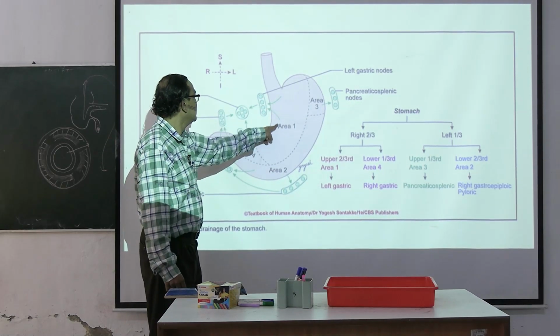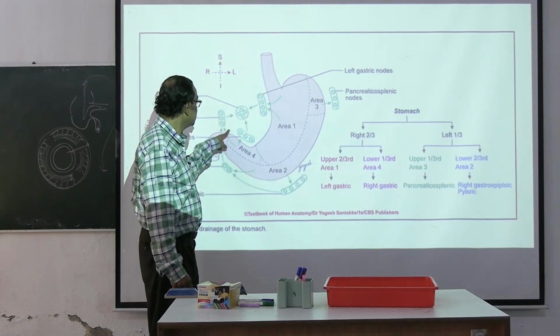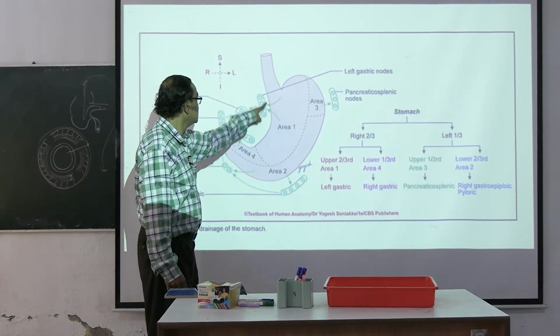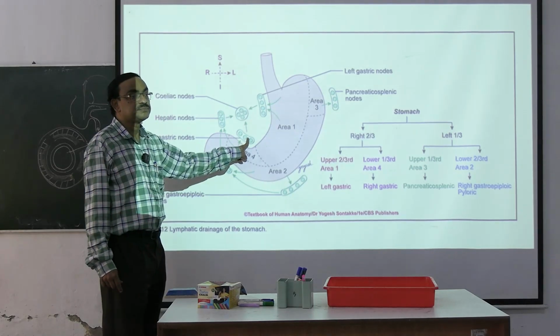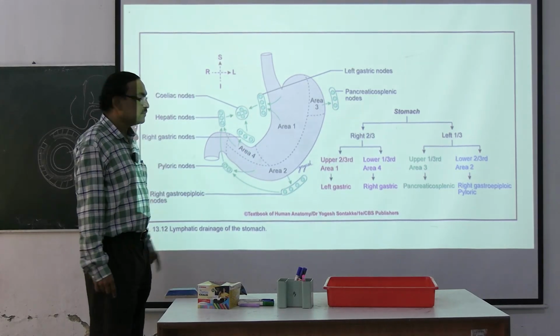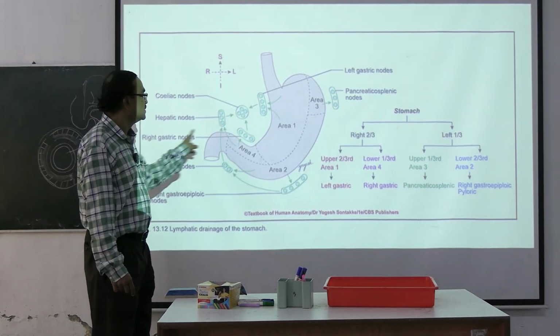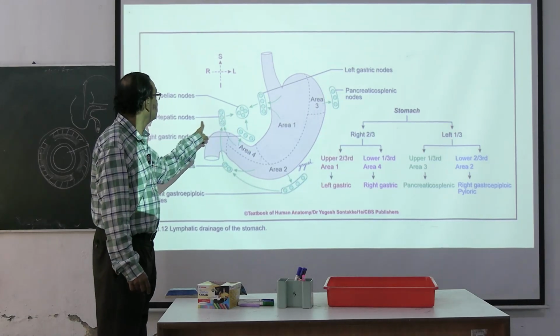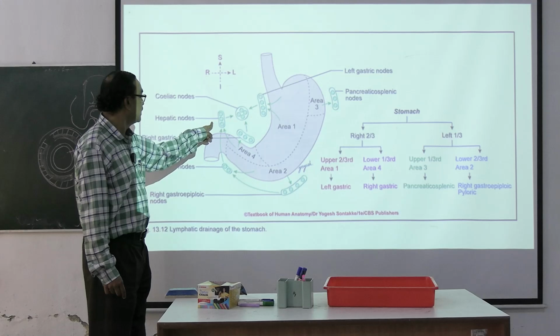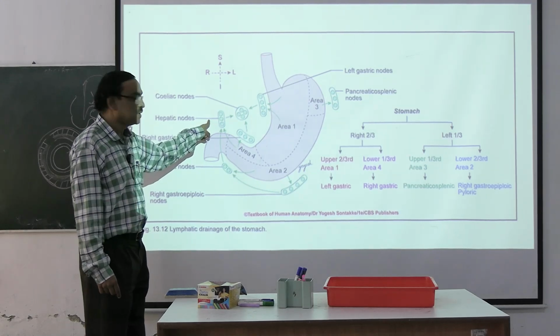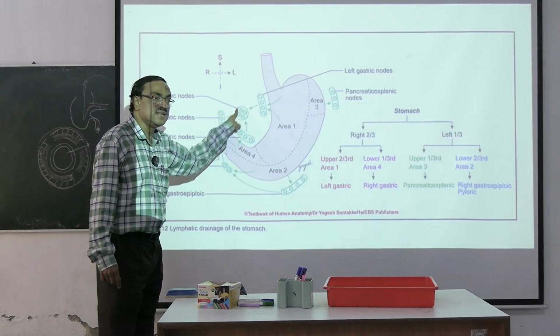We know these are the gastric group of lymph nodes, and ultimately they will enter into the celiac group of lymph nodes, and here we are getting the celiac trunk.